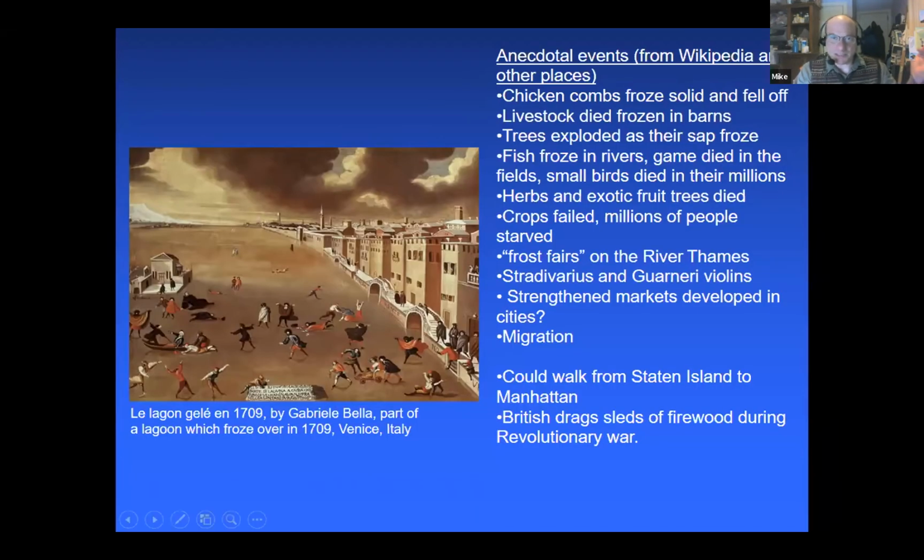The big thing is crops failing. There are examples of millions of people starving in Europe through the 1600s and 1700s. Now climate may not have been the only factor in that. It could have been due to other issues. But when the climate is not good for farming, obviously that's going to have a big effect on whether people can eat or buy food. There are things called frost fairs on the River Thames where people went out during the winter and had their markets right on the ice.